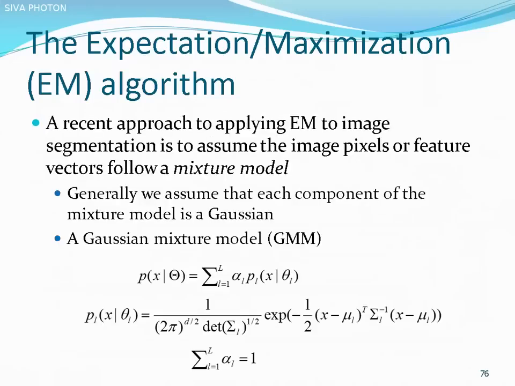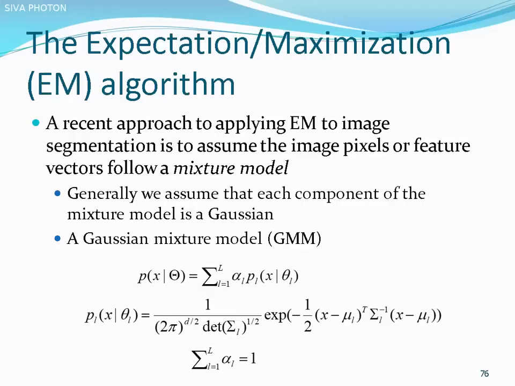So sometimes for image segmentation, we can use this EM algorithm. A recent approach to apply EM to image segmentation is to assume the image pixels or feature vectors follow a mixture model. So usually a Gaussian mixture model will be used.